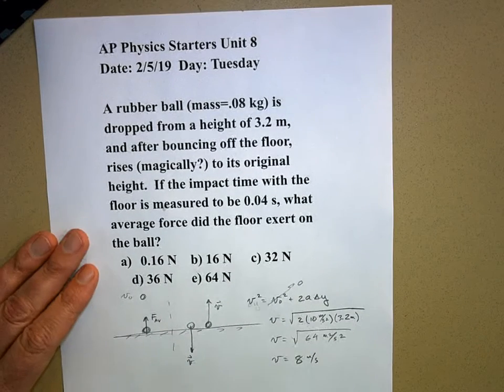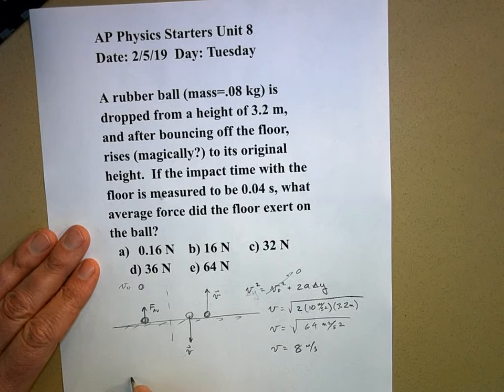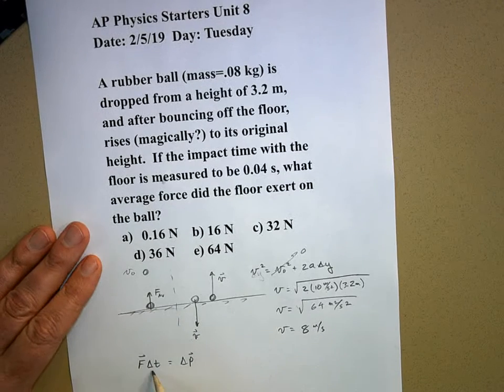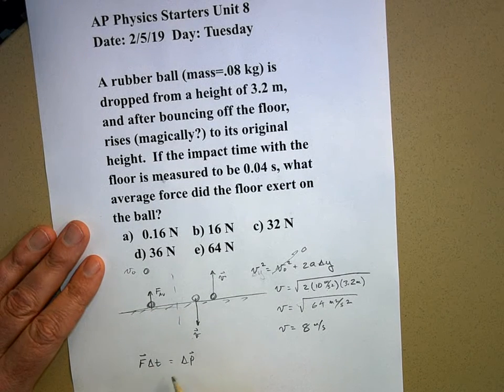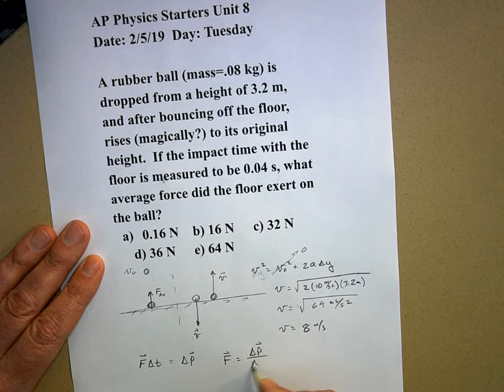So let's figure out now, then we have to use the impulse momentum theorem. We say the force times time on the ball is going to be equal to the change in momentum of the ball. And so we can solve for the average force if we just take the change in momentum and divide it by the time.